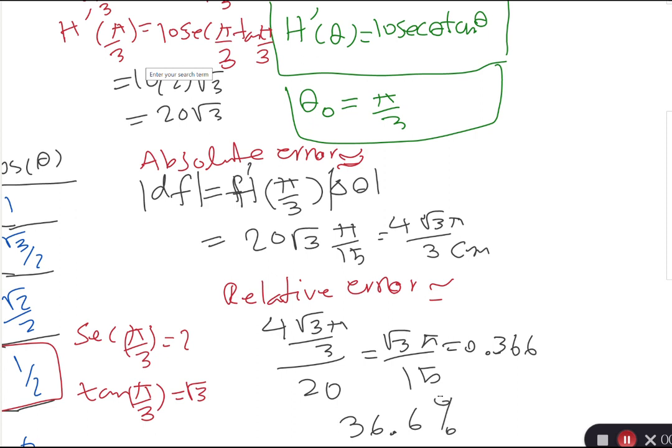Oh, this measurement is not very good. So having a pi/15 error in that measurement is not going to give us a good approximate output measurement. So we need to measure theta a lot better.